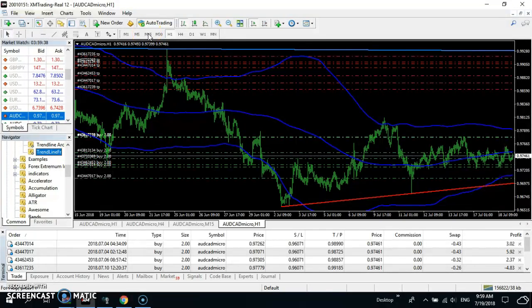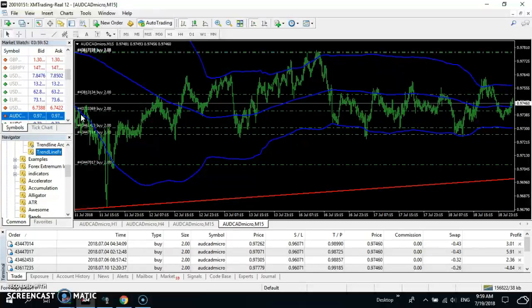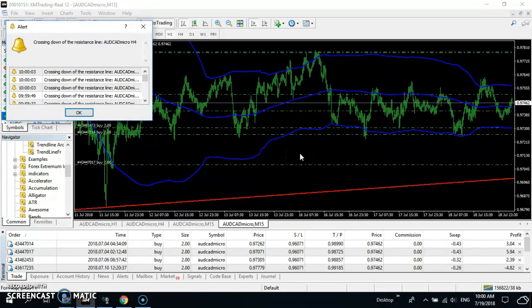On the 1 hour time frame, I said that when there is a flat Bollinger Band, the price will definitely change its direction. Now, this is exactly what you see on the 15-minute time frame, where price has touched the support line and this Bollinger Band began to head up. So the entry is going to be right inside the flat of this Bollinger Band.